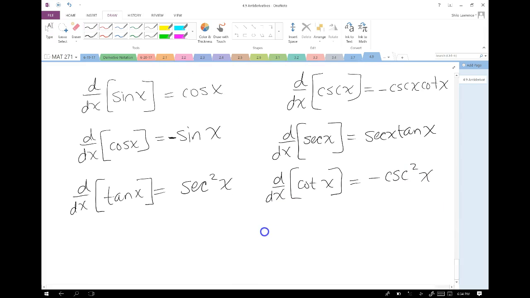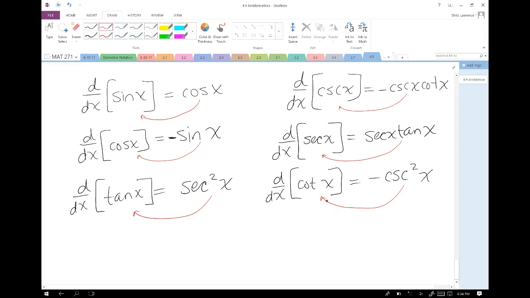So those were all of our trig derivatives. Now the only thing different with antiderivatives is we're going to be starting on the right. That's going to be the question, and then the left is going to be the answer. So we're going to be going this direction for antiderivatives.